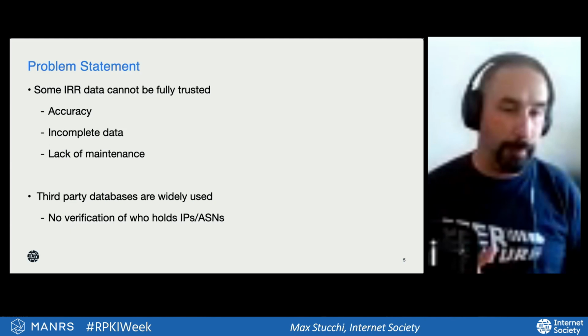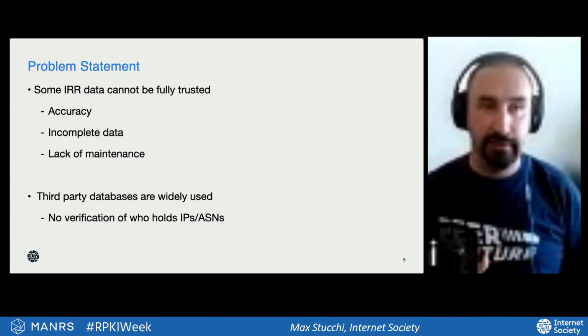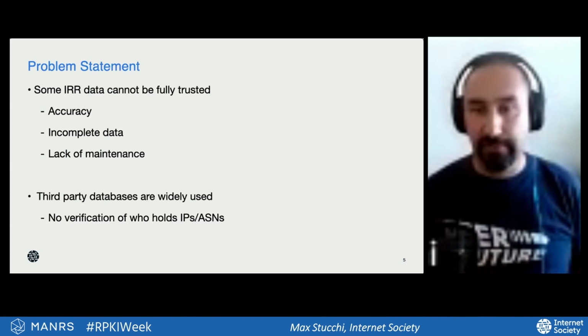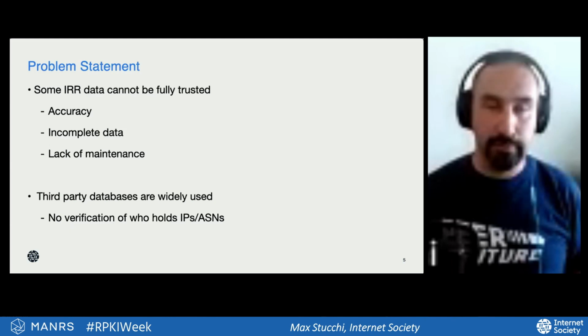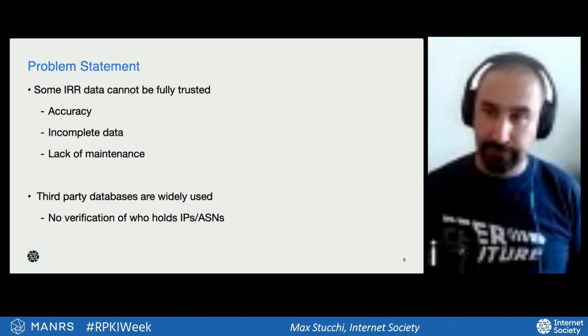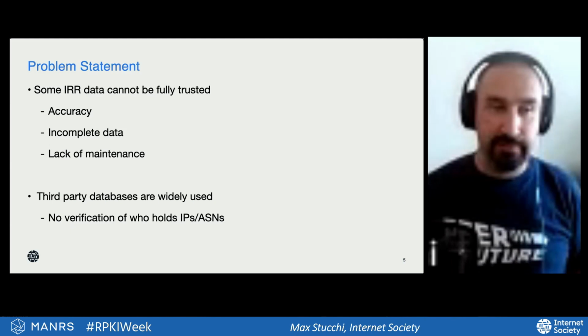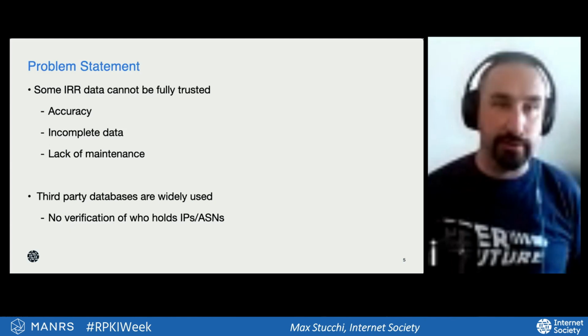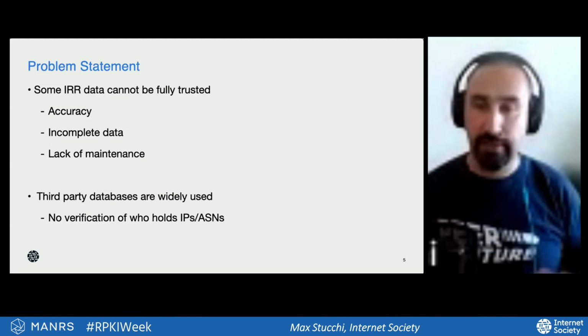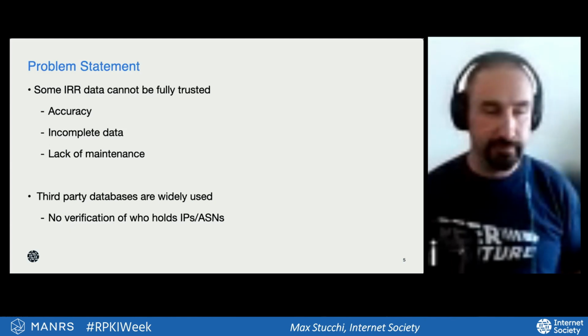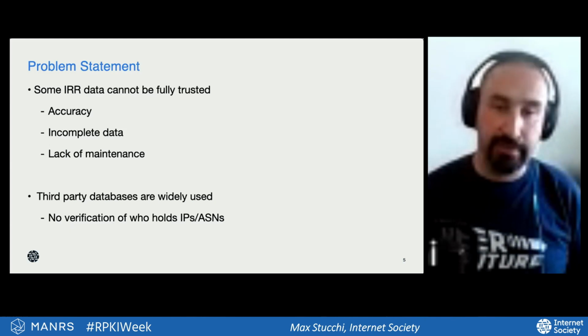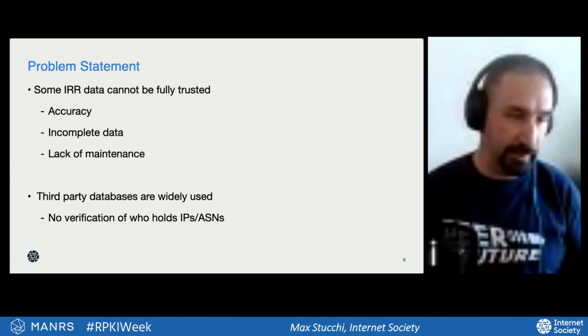And the problem of a third-party database, differently from RIPE NCC or APNIC, who run both the RIPE database and the APNIC database, and can verify you're the legitimate holder of a certain range of IP addresses or ASNs, is that a third party has a much harder time doing that.